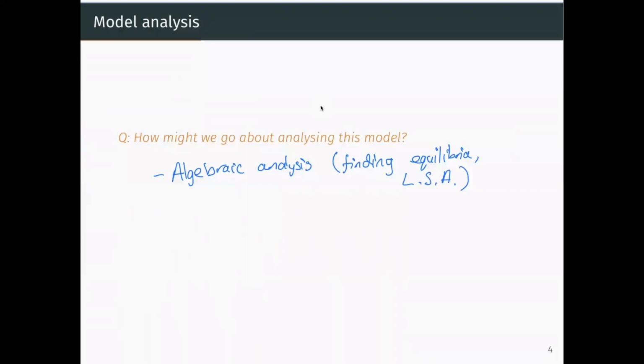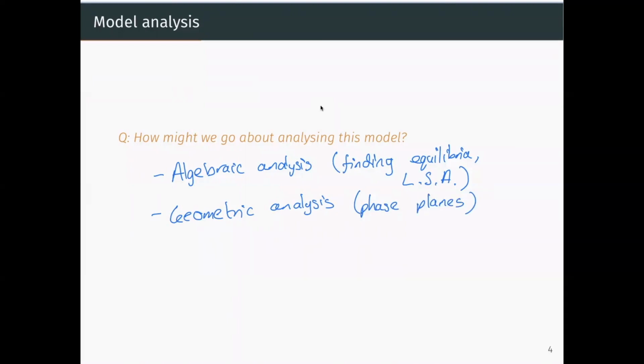We could also do some geometric analysis. Now, we did geometric analysis in our simple one-dimensional models as well. In continuous time, we looked at phase line diagrams. As we're in 2 dimensions here, we'd be thinking about phase plane diagrams or phase portraits.